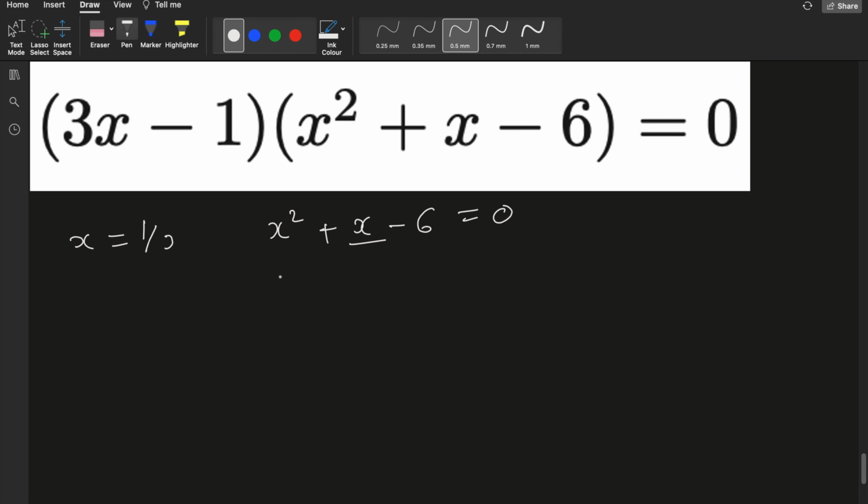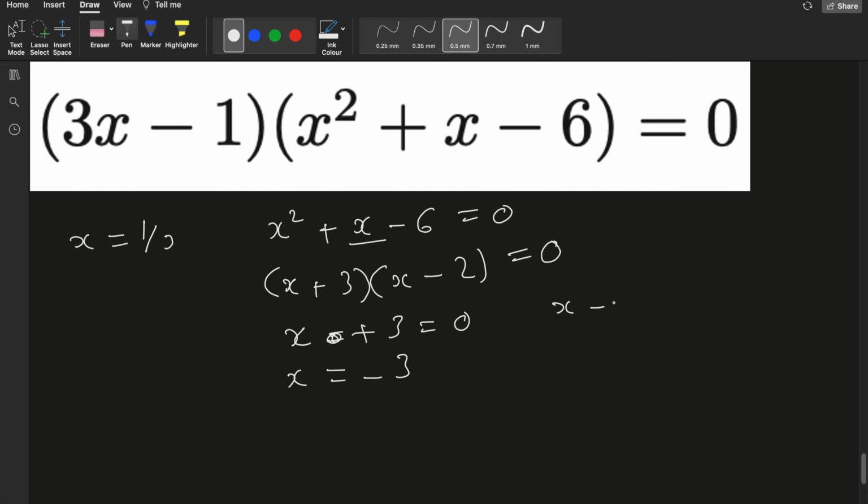By splitting the middle term, we get x plus 3 times x minus 2 giving 0. So x plus 3 equals 0, implying that x equals minus 3, or x minus 2 equals 0, implying that x equals 2. Therefore x equals 1 by 3, x equals minus 3, and x equals 2.